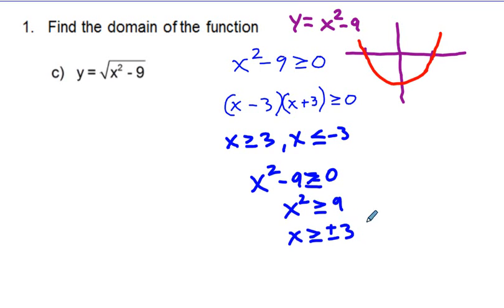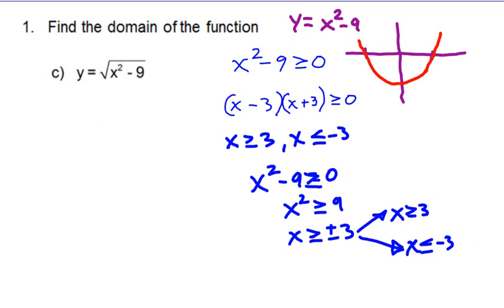This is going to branch off in two directions: x is greater than or equal to 3, but also x is less than or equal to negative 3.